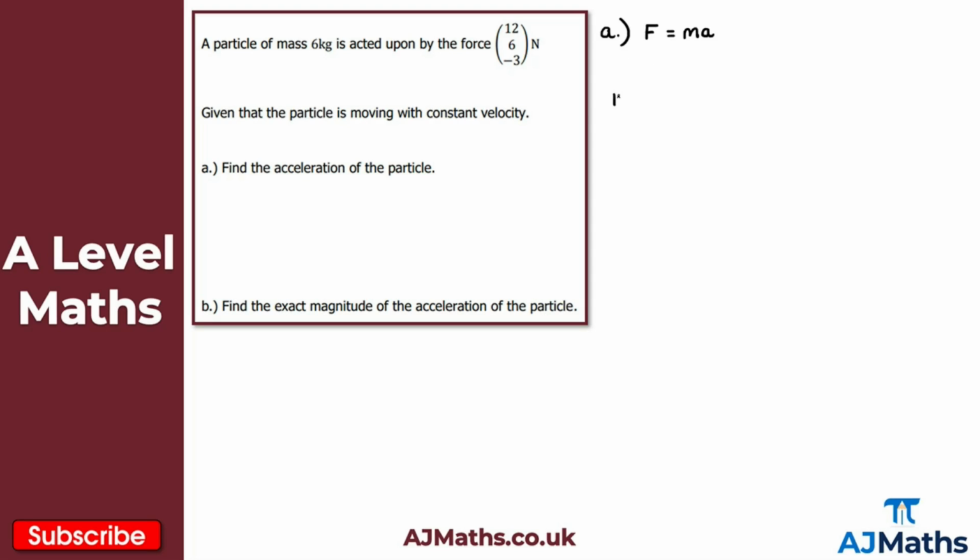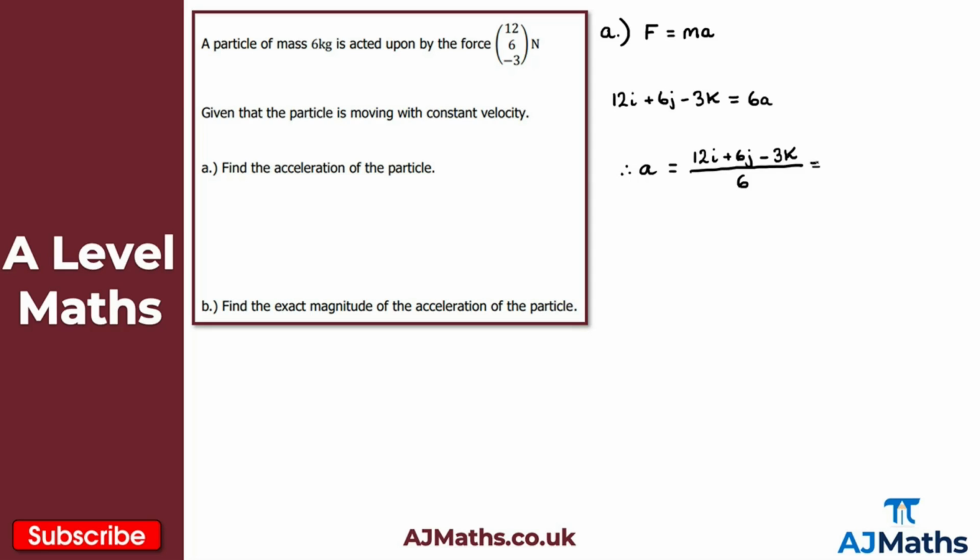So I'm going to get 12i plus 6j minus 3k is equal to the mass, which is 6, times the acceleration. So that's going to be 6a. If I just want a, I just need to divide through now by 6. So I'm going to get 12i plus 6j minus 3k, all over 6.